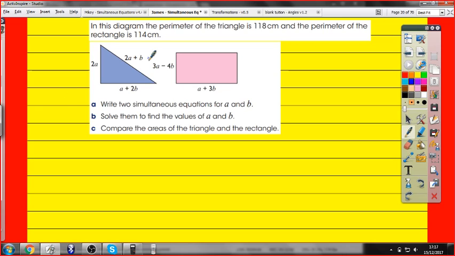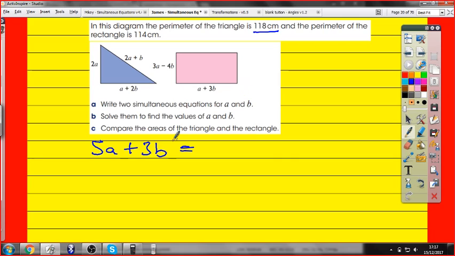Well, it says the perimeter of the triangle is 118. What is the perimeter of the triangle in terms of a and b? So the triangle is 5a add 3b. What is 5a plus 3b equal to? Could you construct an equation from that? I'm not sure how to.